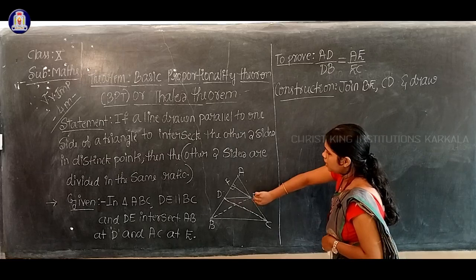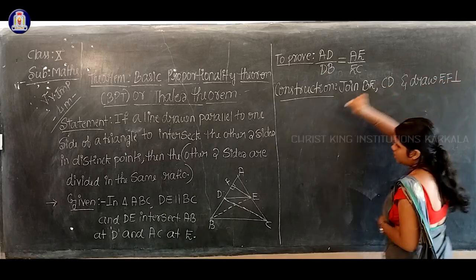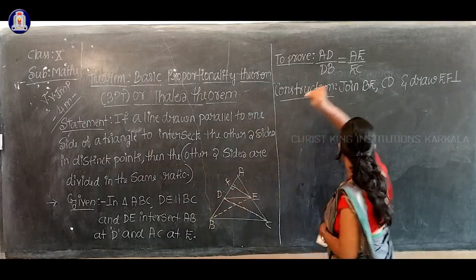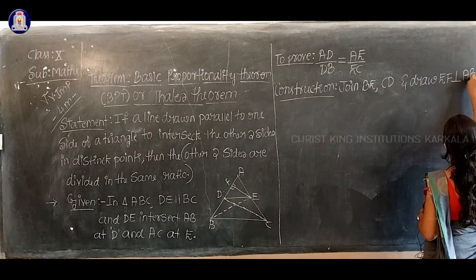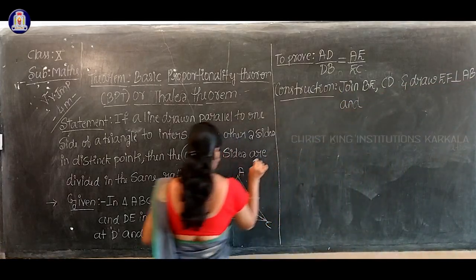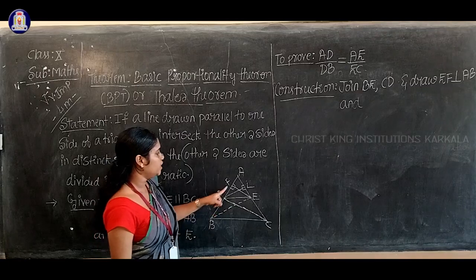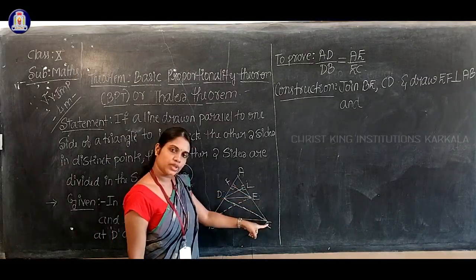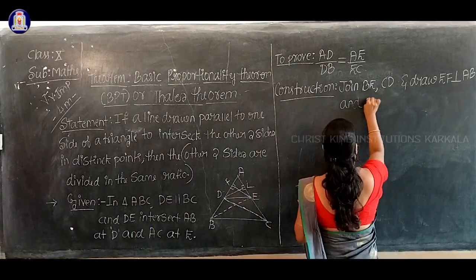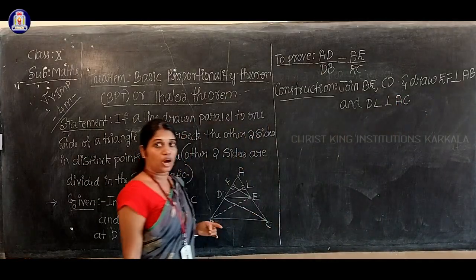EF is perpendicular to AB. Another construction you have to do: draw DL perpendicular to AC. This is what we have to construct.